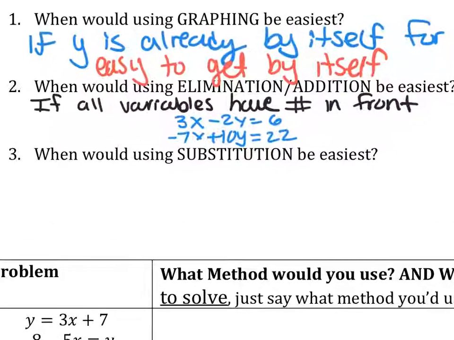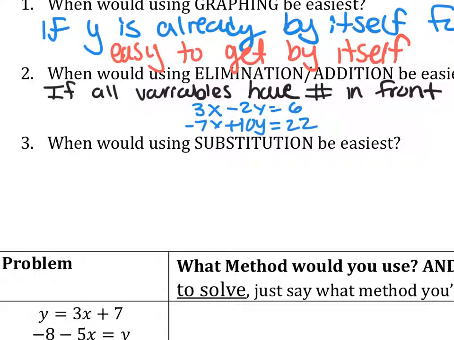If all of your variables have a number in front of them, then if you were to try to solve for a variable, which is what you have to do for either graphing or substitution, you would most likely end up having to deal with fractions. Fractions are fine if you want to do that, but with fractions, there is a higher probability that some silly mistakes would be made. So if all your variables have a number out in front like that, then using the addition or elimination method would be the easier, quicker way to go.